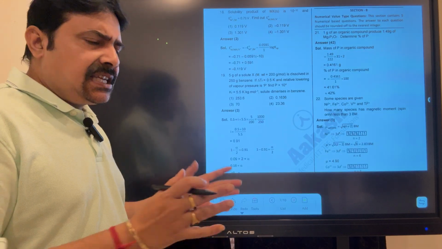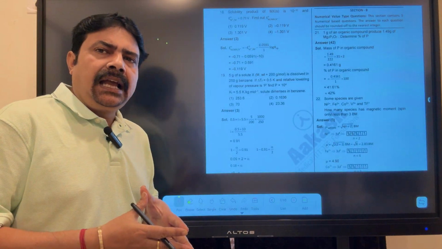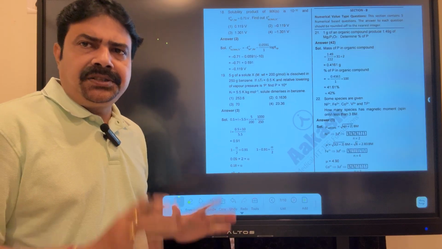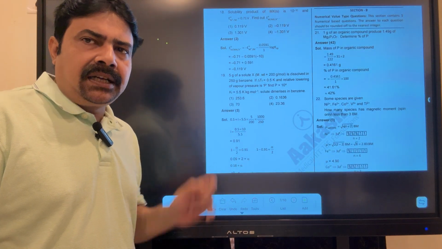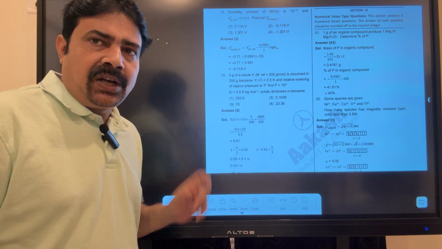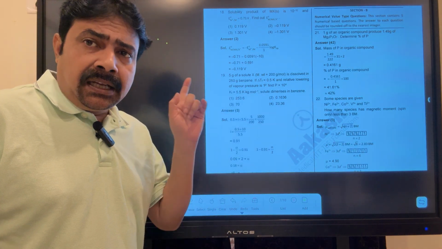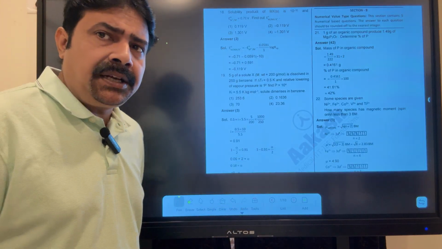For the conversion of energy you need a device. A galvanic cell converts chemical energy to electrical energy, whereas an electrolytic cell converts electrical energy to chemical energy, because passage of electricity causes a chemical reaction.